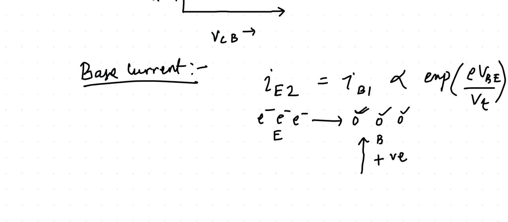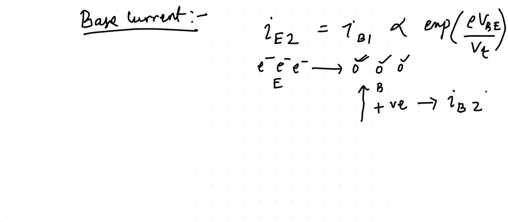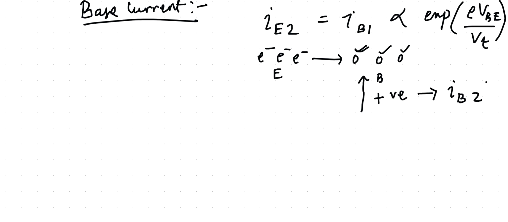That flow of positive charge is another component of current, which is IB2. Now the number of holes per unit time recombining in the base is directly related to the minority carrier electrons in the base, which is proportional to e to the power VBE by VT.